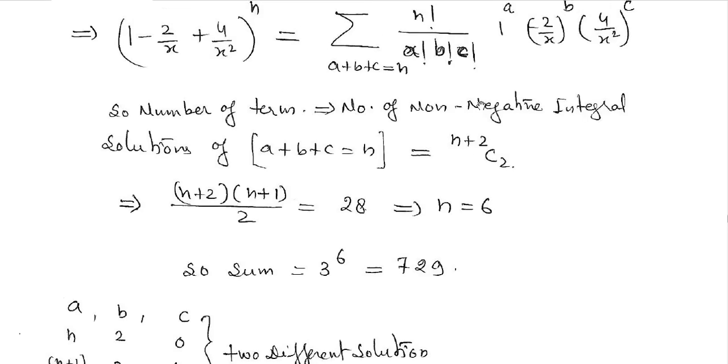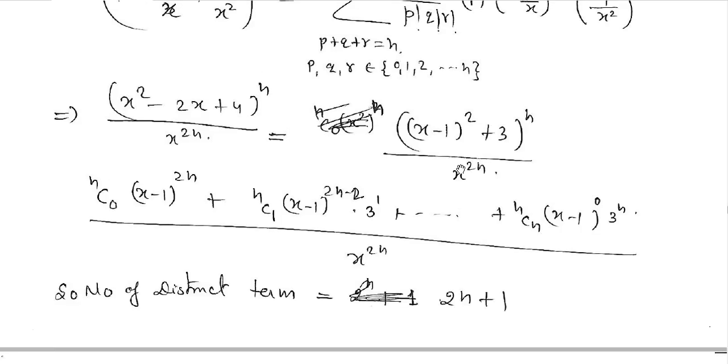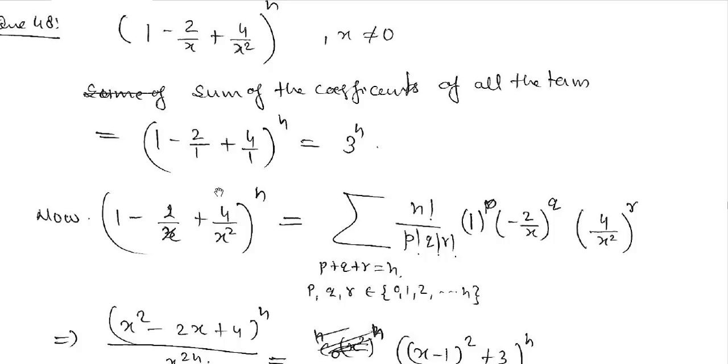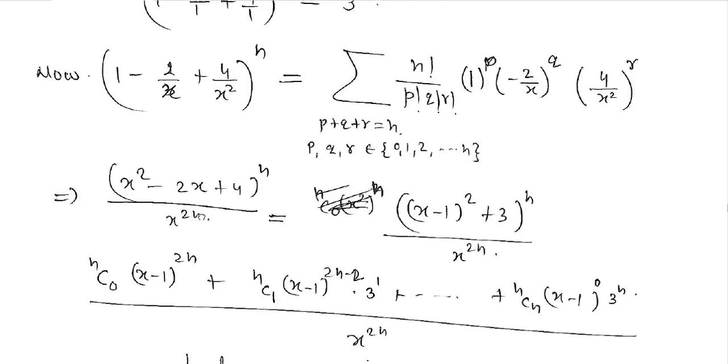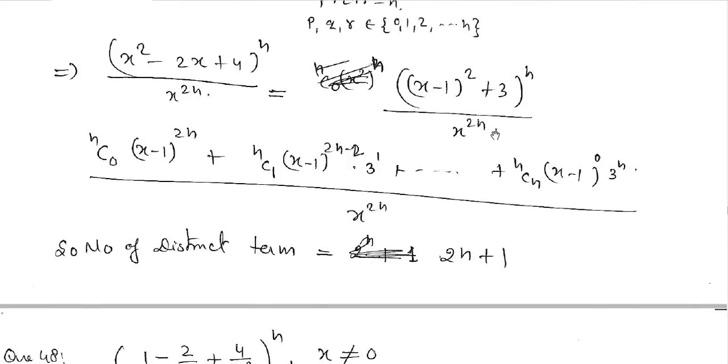So what is the correct way? What I did is we just take the LCM of that, which becomes x squared minus 2x plus 4. This is this, and we just made it in this format. Now this is not going to change anything.